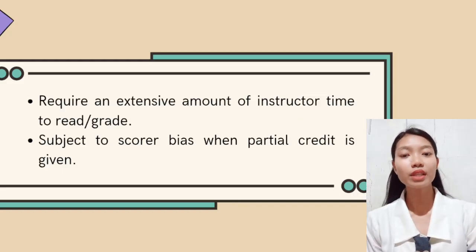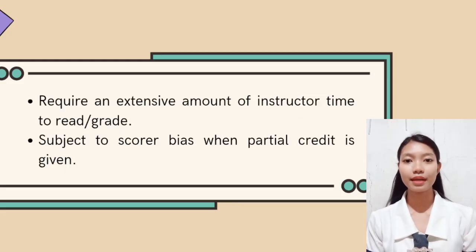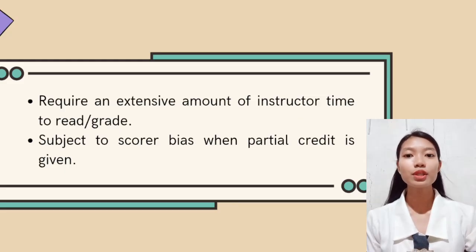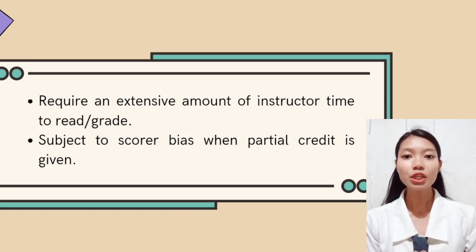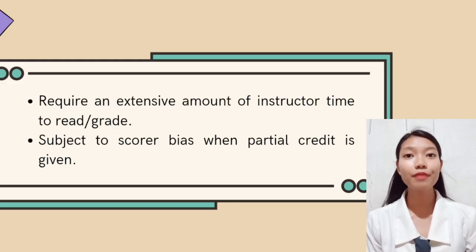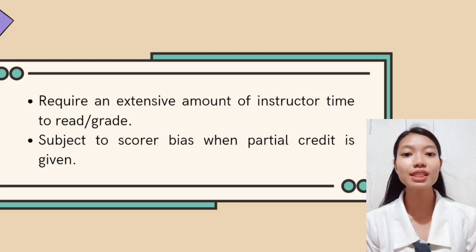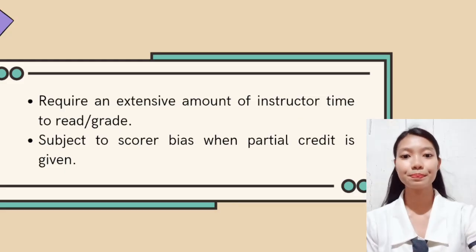The second limitation is that they are subject to scorer bias, especially when partial credit is given. For example, if the student has an incorrect final answer but used the correct method or steps, the teachers might still give partial points. However, the amount of credit given may vary depending on the teacher's judgment, which makes it less objective.